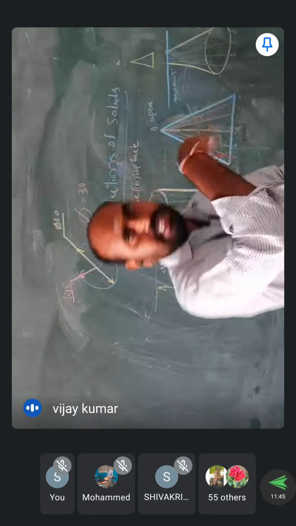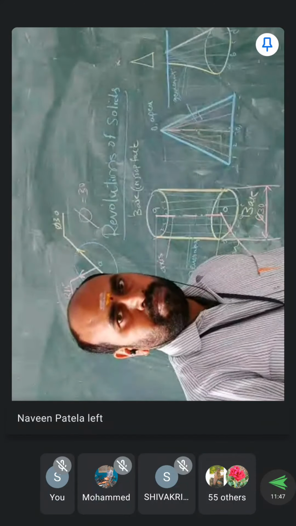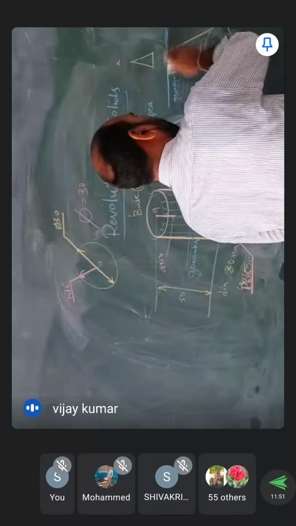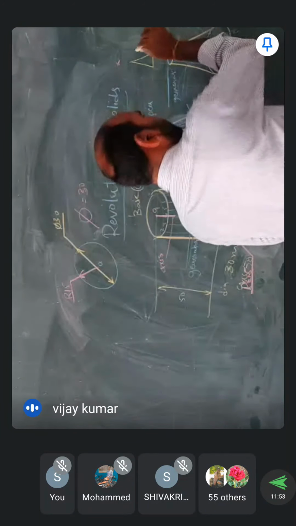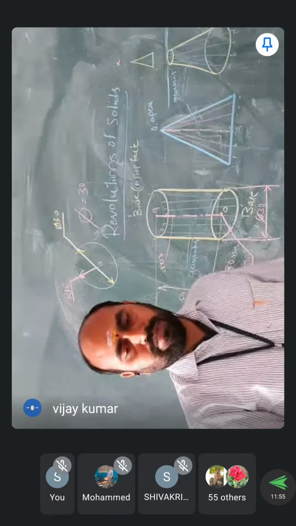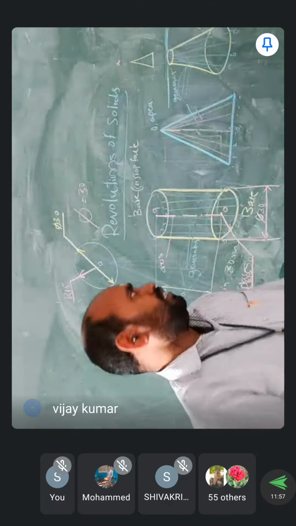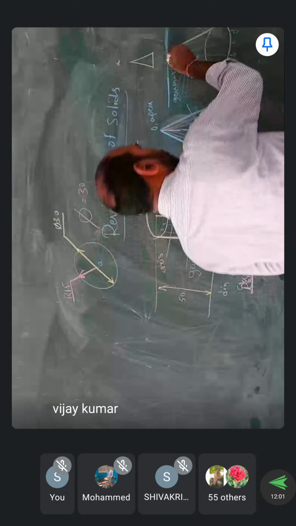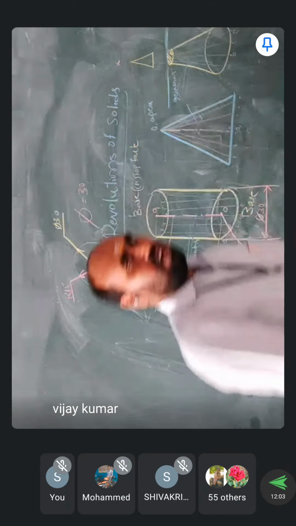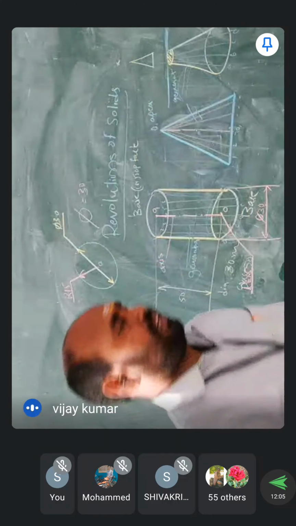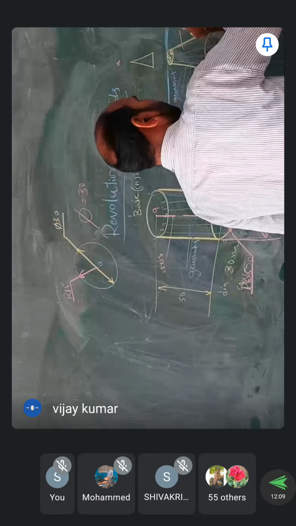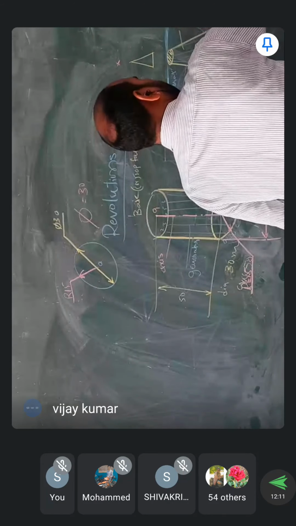If you can see, the top position of the solid is a small circular section. Solids like this, with the cut shape, are called a frustum. This solid is called a cone frustum.